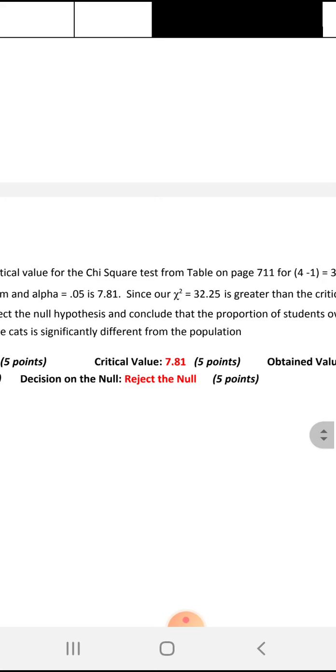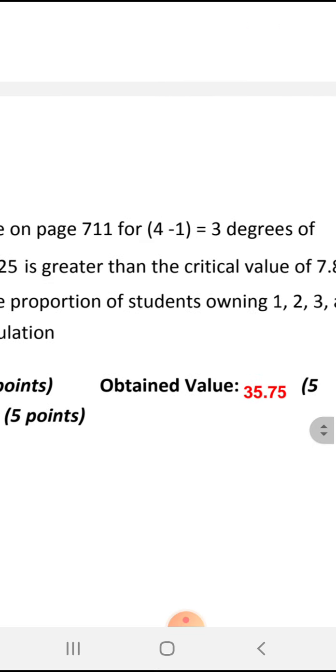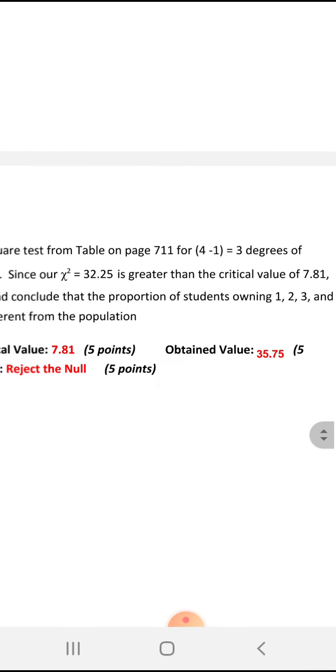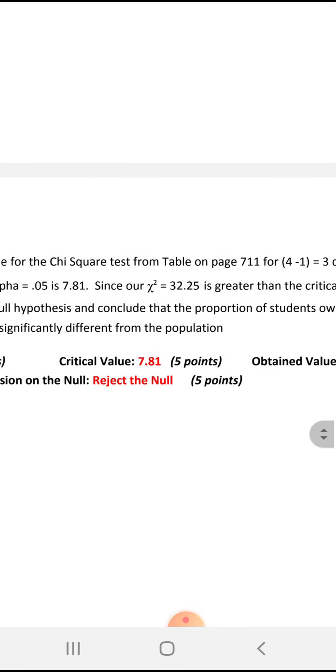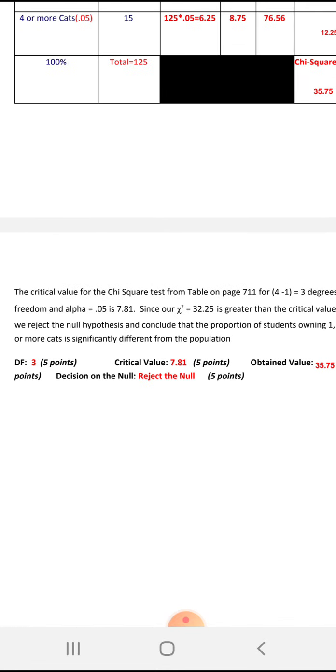And now we just have to make a decision on the null. The obtained value of 35.75 is larger than the critical value of 7.81. So we reject the null hypothesis, and we could say that the cat ownership of the student sample from the statistics course is significantly different than cat ownership in the population in general.